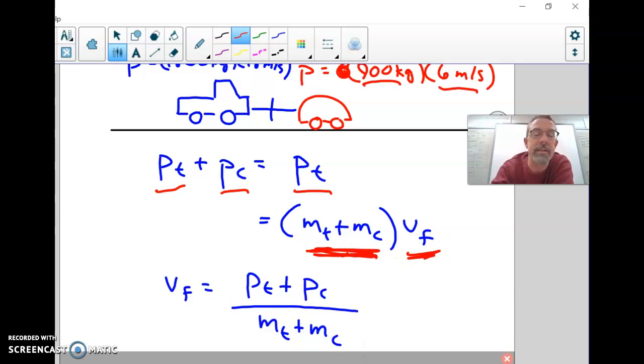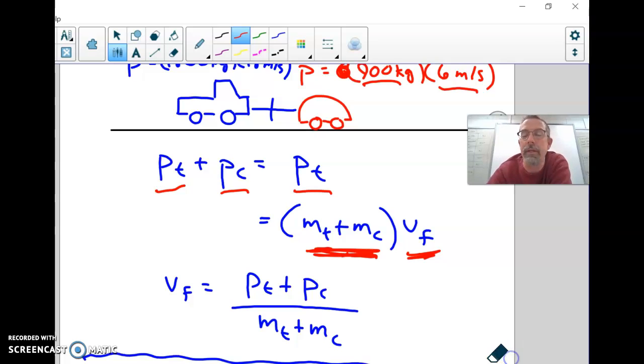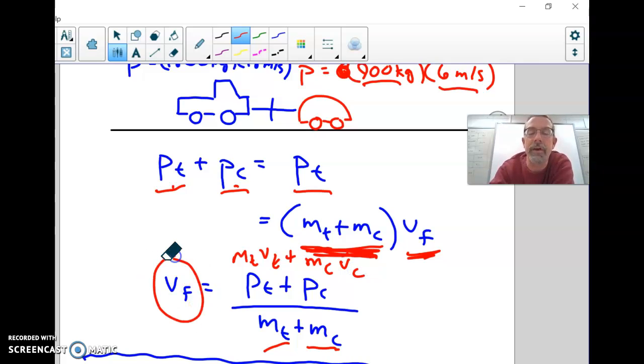The final velocity then simply equals the momentum of the truck plus the momentum of the car divided by the mass of the truck plus the mass of the car. You could flesh this out: initially the mass of the truck times velocity of the truck, plus the mass of the car times velocity of the car. This is going to give us our final velocity of the two objects together as one system.